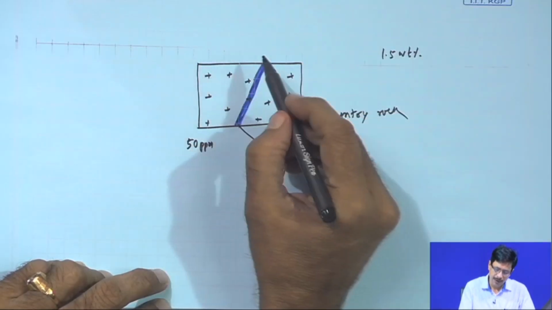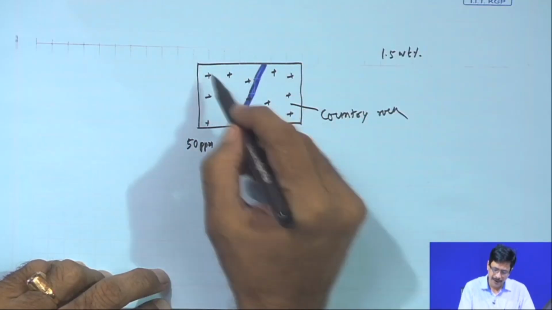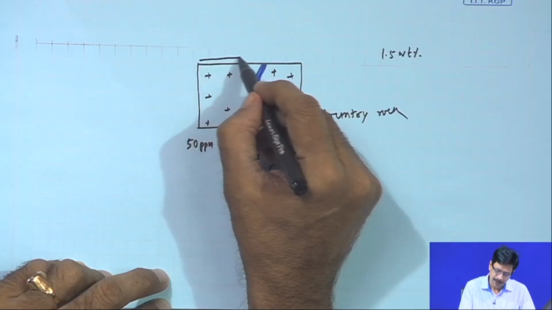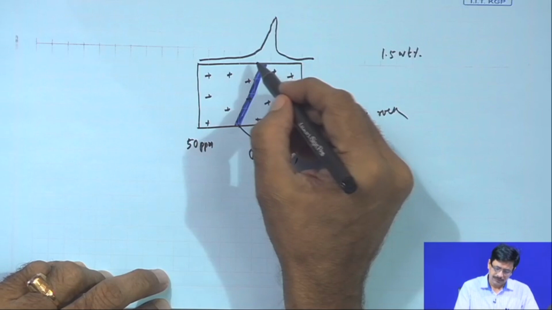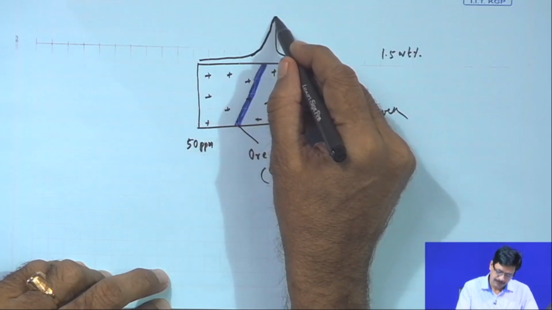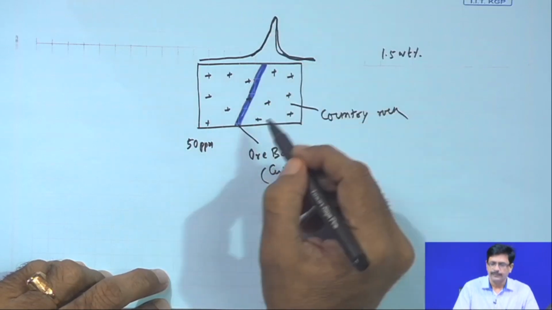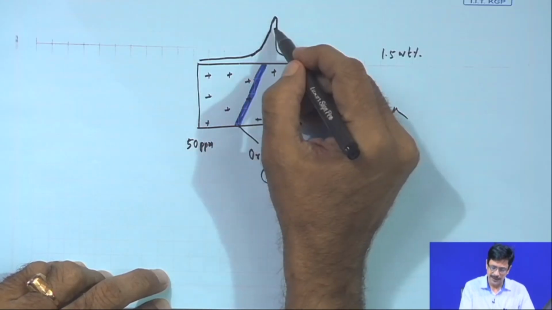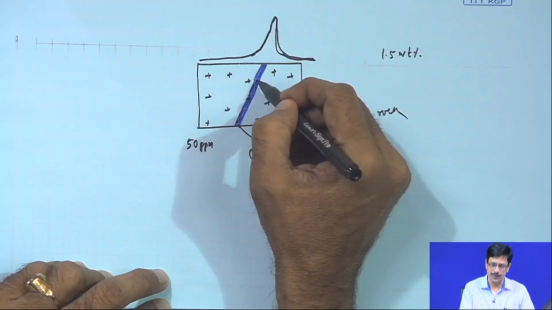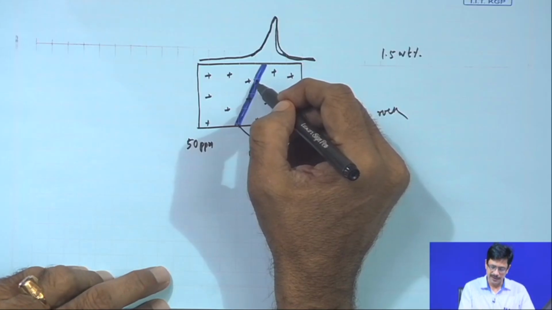Or if I take different points and try to plot, I will get something like this. That means the concentration of the metal is going to be maximum whenever I measure the concentration from this.